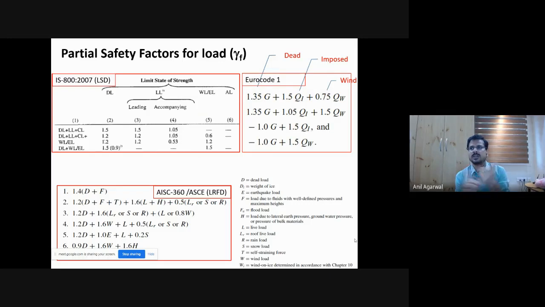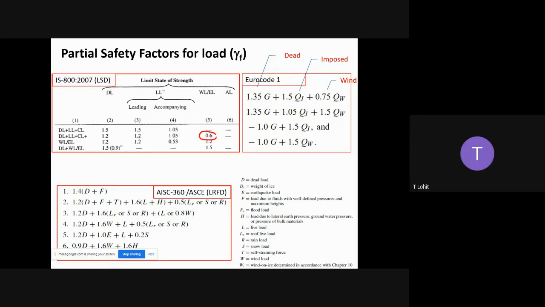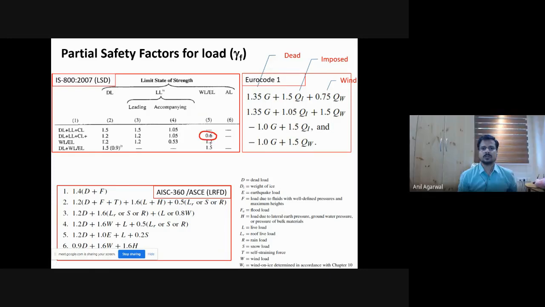When we are designing for earthquake loads, often we used to take half of the live load that accompanies the earthquake load. Even in the Indian code, when you are designing for the earthquake load, EL is earthquake load. So that is 0.6 times earthquake load when you are taking the live load as 1.2.